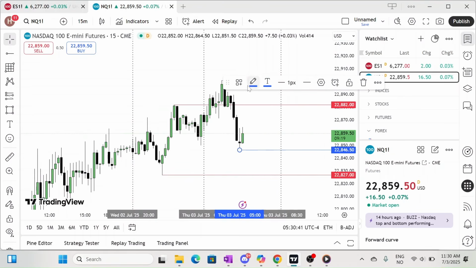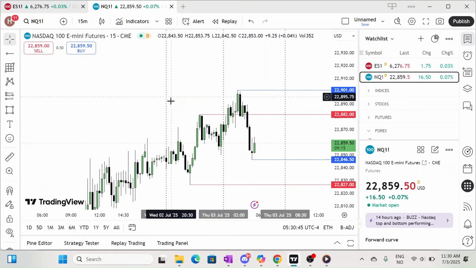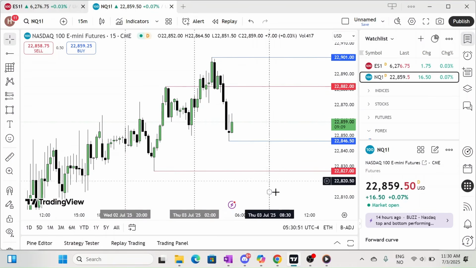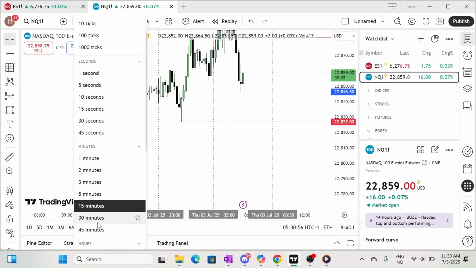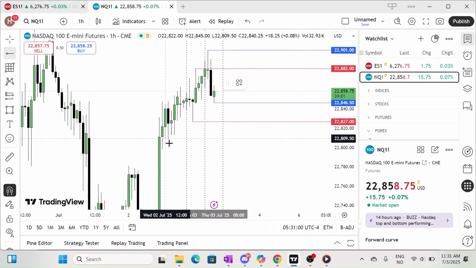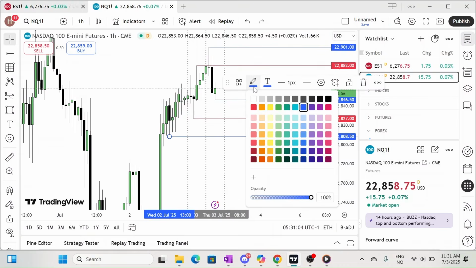So just from looking at this right here, it looks like a London manipulation, right, and then a London reversal. We do have some hourly lows right here too.